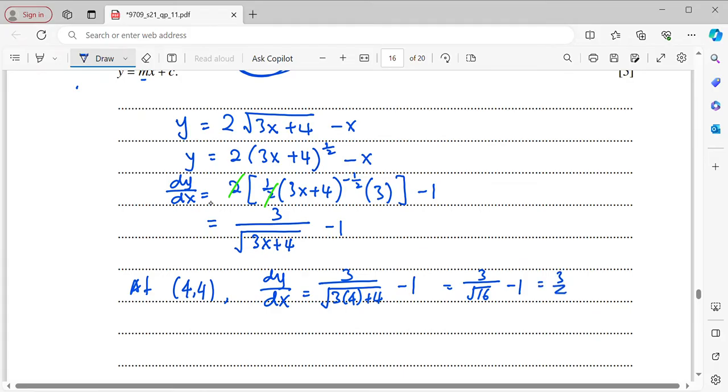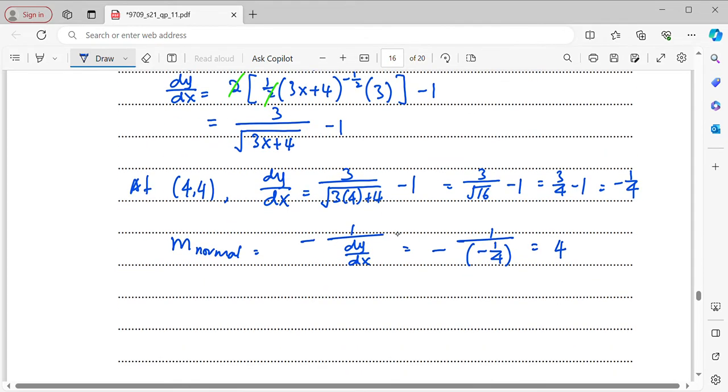This is 3 over 4 minus 1, which is negative 1 over 4. So then gradient of normal is negative 1 over dy/dx, which means this is negative 1 over negative 1 over 4. Then I will be getting 4.